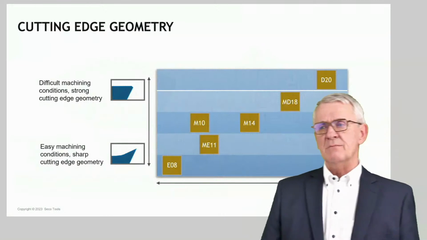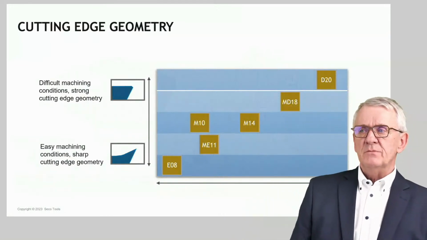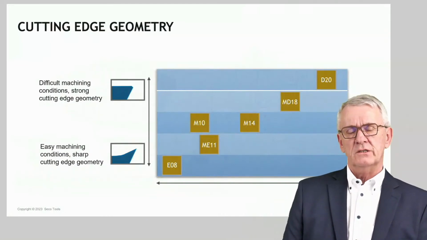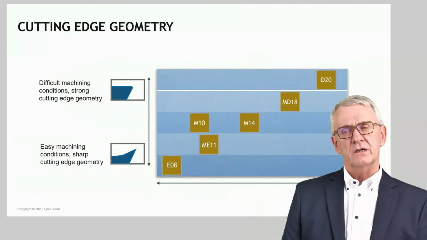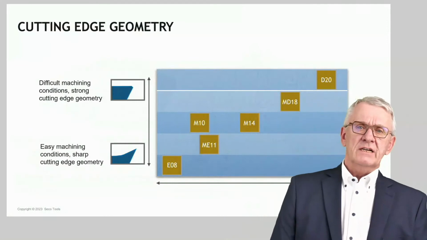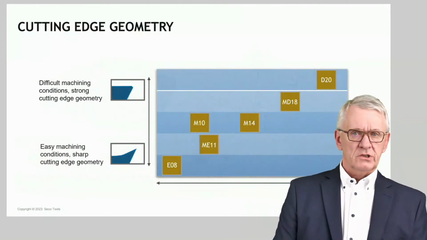The difference between an ME11 and an MD18, as an example: the MD18 is a much stronger geometry, but to make it fully work, it also needs an average chip thickness of 18 hundredths of a millimeter, whereas an ME11 is a much sharper geometry, and you can go down in average chip thickness. You can go to 11 hundredths of a millimeter.